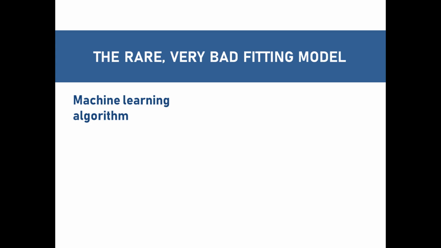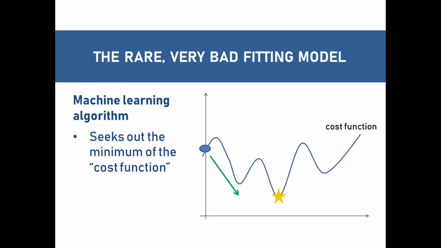These algorithms work by seeking out the minimum value of what we call a cost function, calculating better and better estimates of our model parameters such as a, b, little a, etc., starting with their initial conditions. In most cases, this works well, but on rare occasions, the initial condition is far away enough from this minimum that the algorithm can't actually get to it, and so we end up with a poorly fitting model.